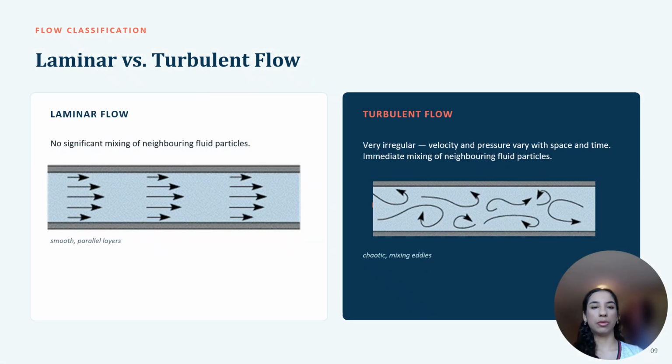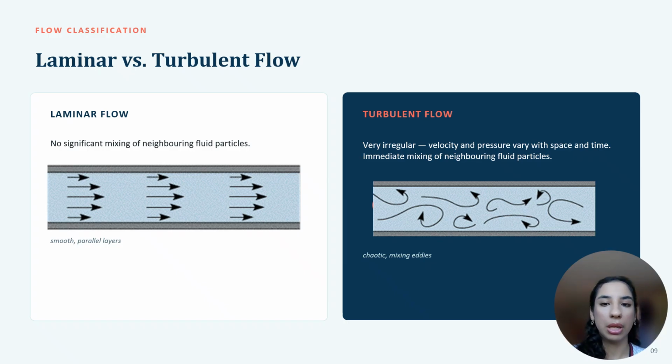Now, laminar flow versus turbulent flow. As you can see here, you have a tube, and the fluid particles are flowing from left to right with the arrows. It's laminar because it flows nicely and easily. It's not mixing with any other fluid particles. It's smooth and parallel, everything is organized.